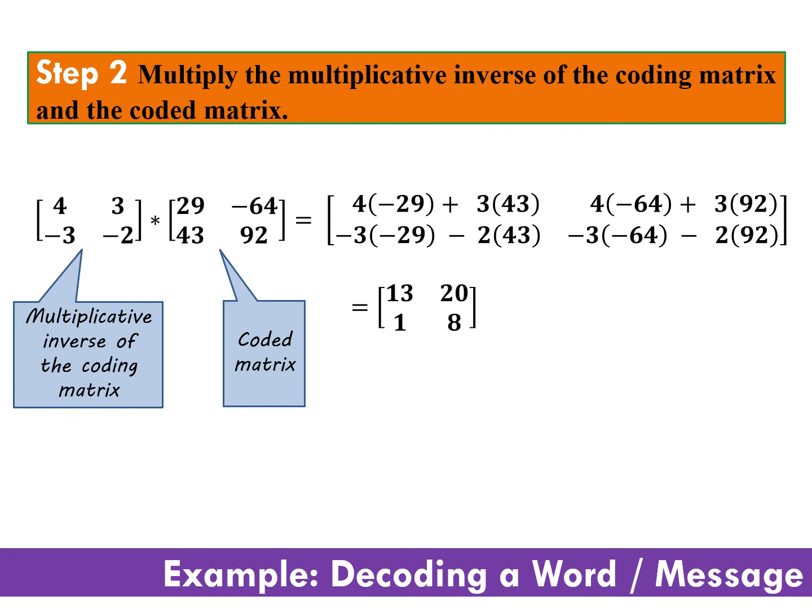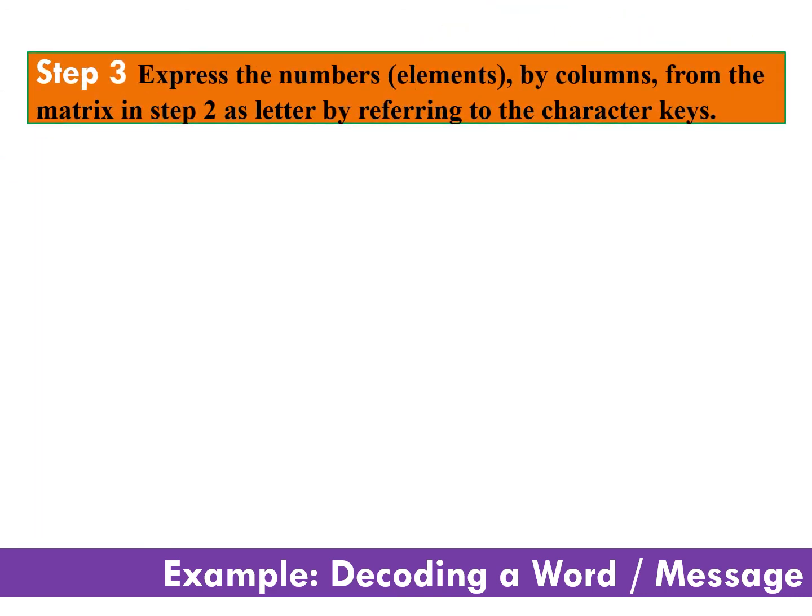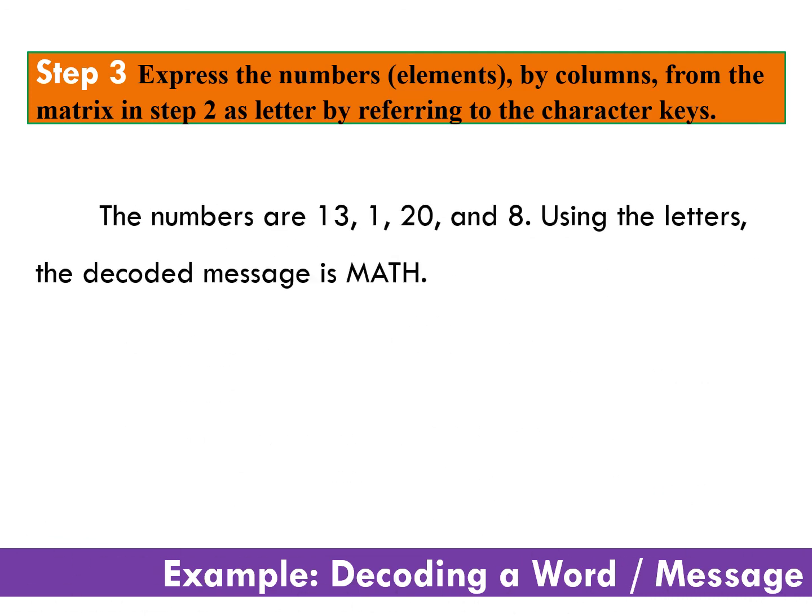So multiplying these two matrices will result in the matrix with elements 13, 1, 20, and 8. Lastly, express the numbers by columns from the matrix in step 2 as letters by referring to the character key. The numbers are 13, 1, 20, and 8. Using the letters, the decoded message is math.